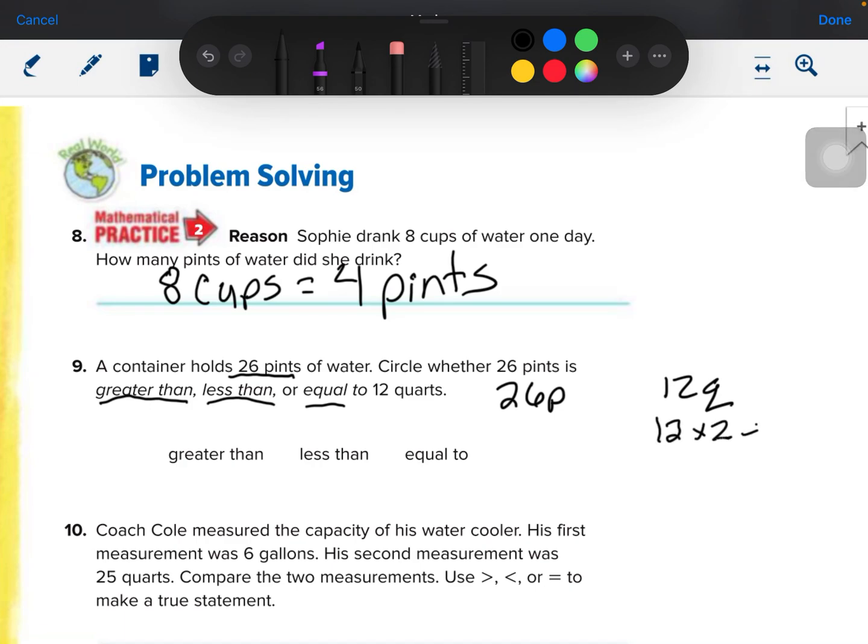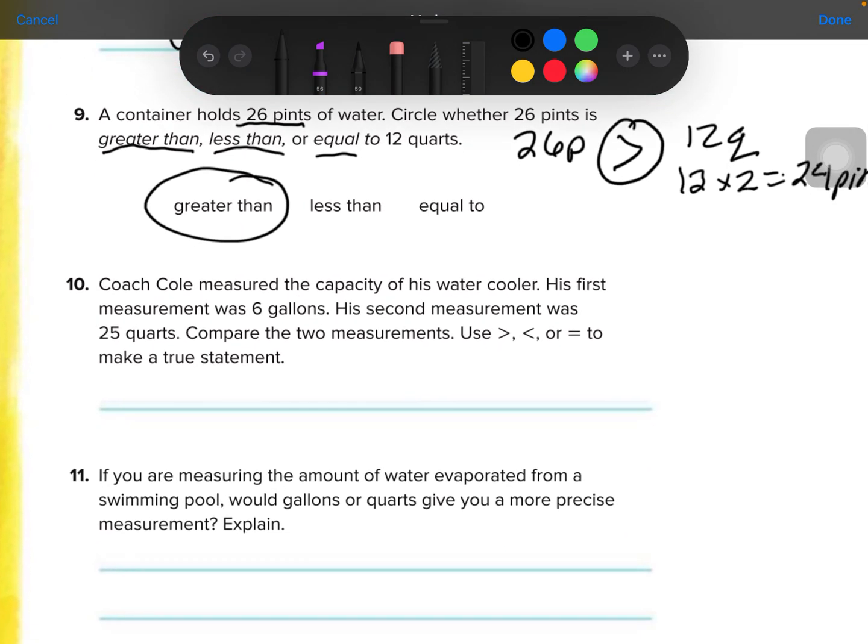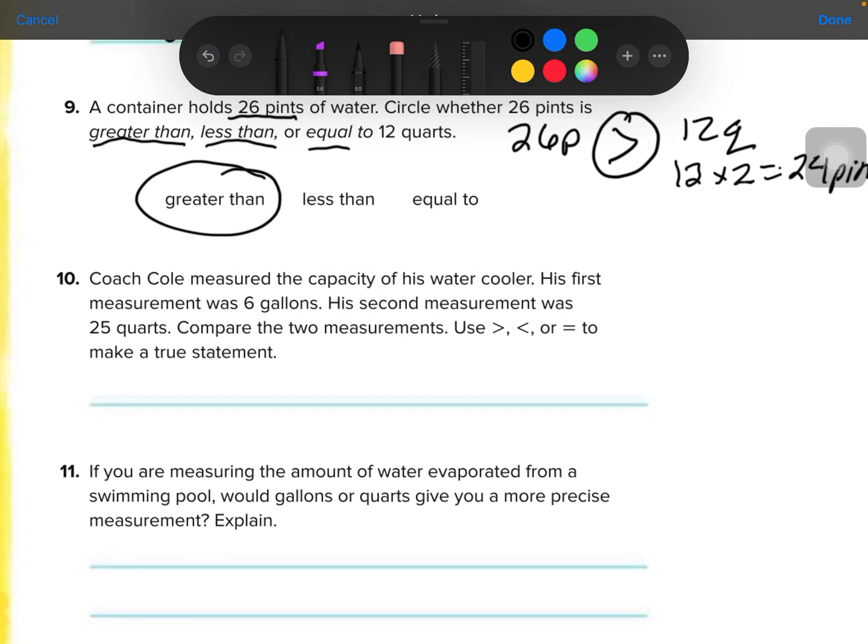So that's like saying 12 times 2 equals 24 pints. So I can see that if I were to do a sign here, 26 would be greater than 24. So 26 pints of water is greater than 12 quarts.